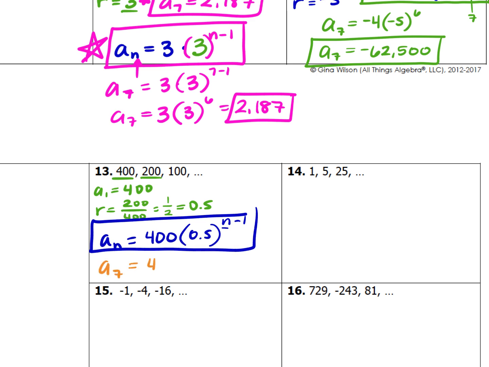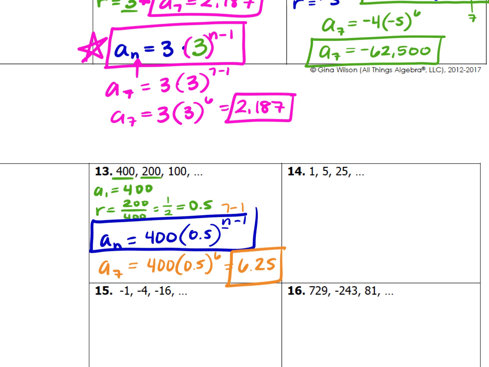So a sub 7 is 400 times 0.5, or 1/2 if you want to do 1/2, to the 6th power, because it's 7 minus 1. I got 6.25. Right? So you get 6.25 as your 7th term in this process.